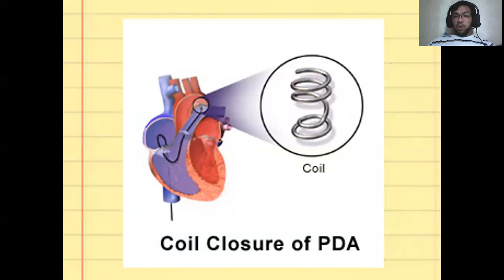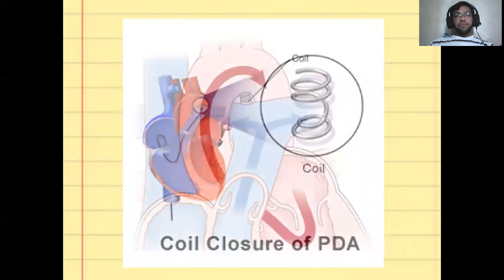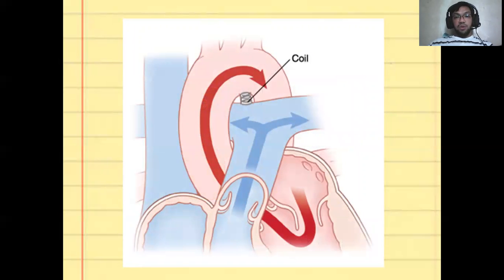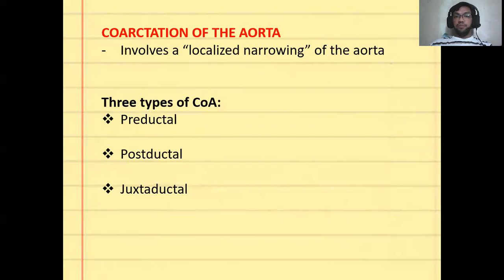Or a coil closure can be done as well via cardiac catheterization. So that's how they do it. They are going to use a catheter, together with, of course, angiography to visualize the catheter, and insert a coil in that patent ductus arteriosus in order for it to be closed.